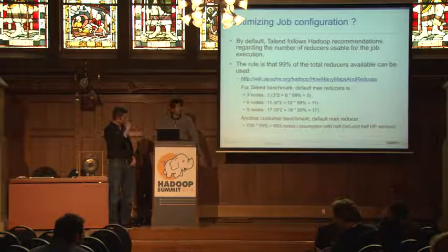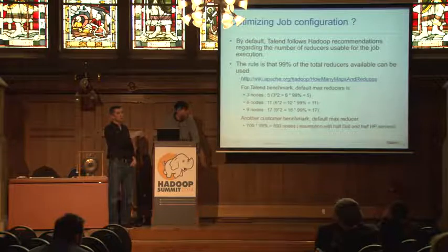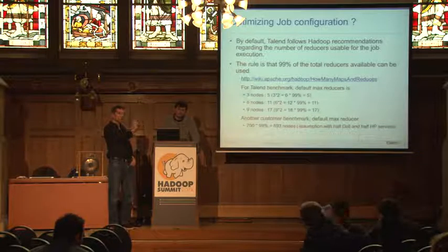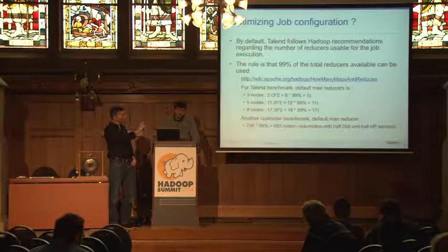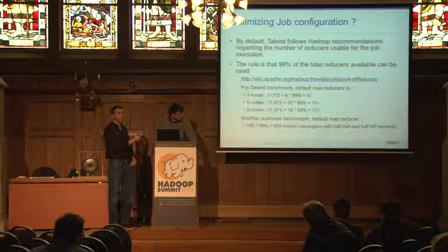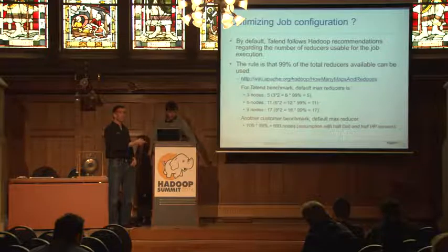So one of the companies that we're working with in the US at the moment has a 700-node cluster and is doing a lot of performance work with us. And what we've been able to demonstrate is that even on our small 9-node cluster, the results that we get for the use cases they provide to us are directly applicable to what they do on their 700-node cluster. So it's been great in terms of interactivity. We're building the jobs, shipping them over with our results, and they're running that in the bigger cluster and validating those for us.